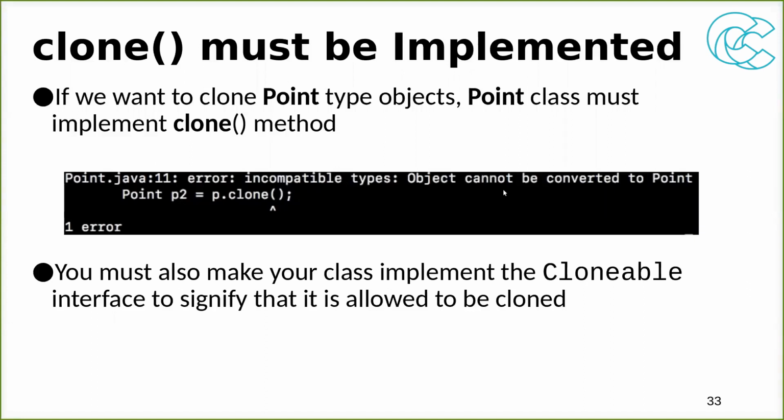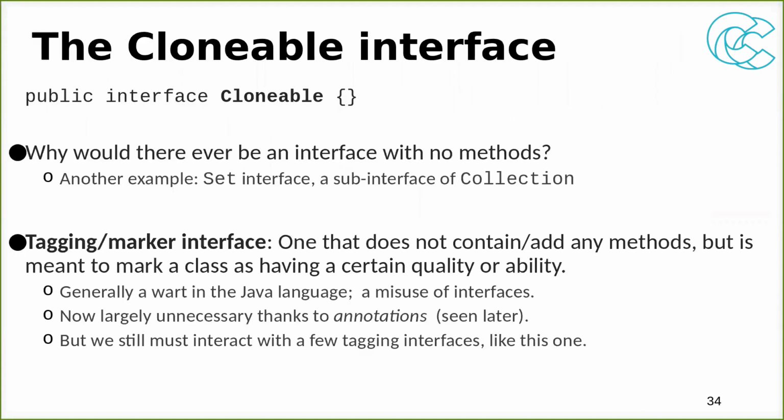The second requirement is that your class should implement an interface called Cloneable. This is just to mark the class, saying that this is now ready to be cloned. These are called marker or tagging interfaces. There is no other purpose but just to mark them, because the Cloneable interface is empty.